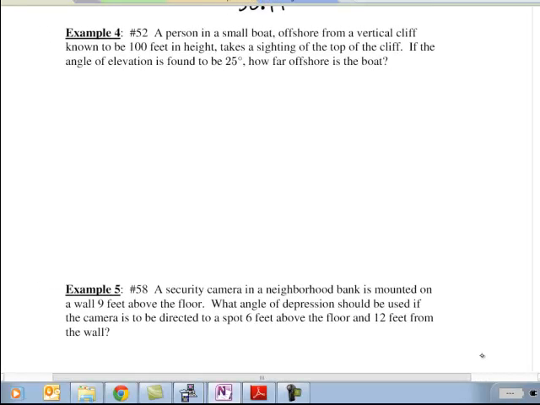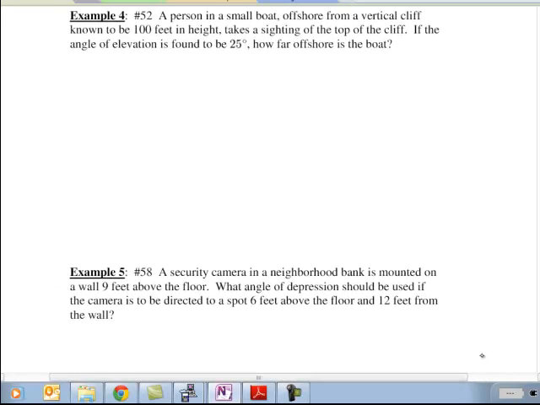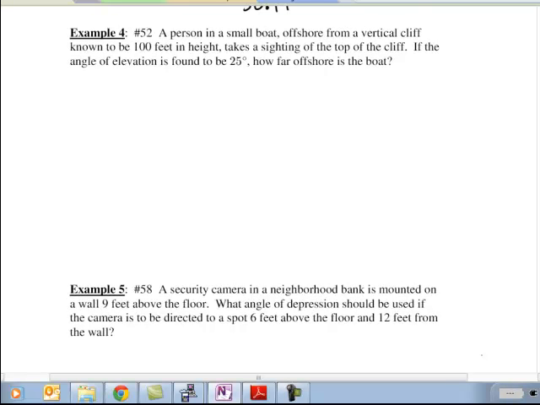And then a couple of word problems. There's probably a picture of this in your textbook, but it's good practice to be able to read the description and come up with your own picture as well. Number 52 says a person in a boat offshore from a vertical cliff whose height is known, 100 feet, takes a sighting of the top of the cliff.